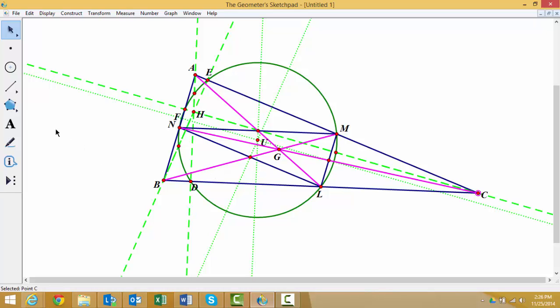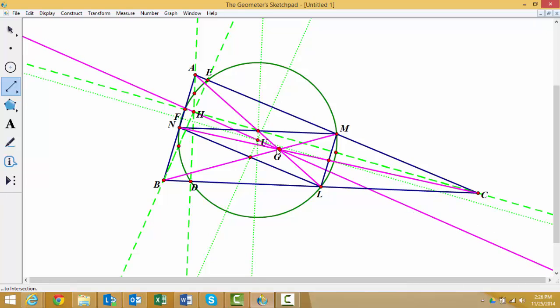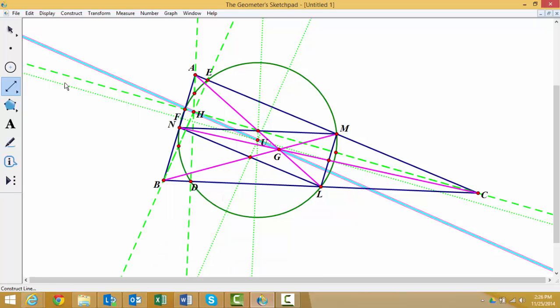Let me take the line tool, and then I'm going to draw a line with H and G. And that line color, I'm going to make it light blue.